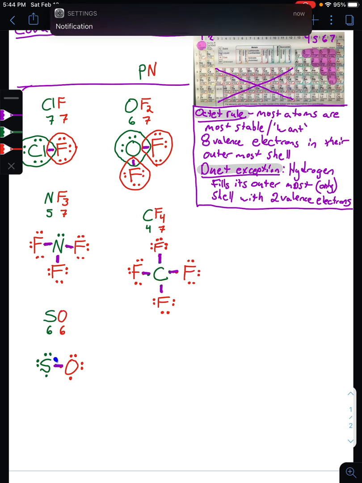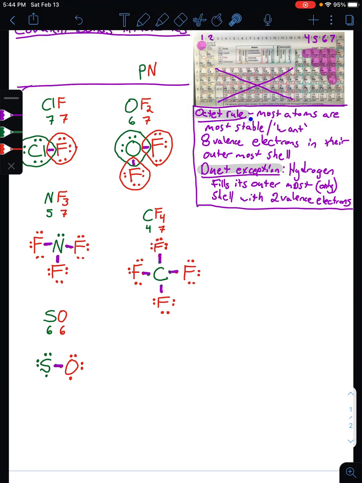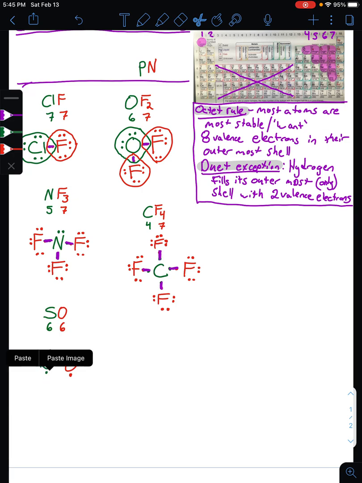Sulfur has 2, 4, 6, 7. So we went from 6 to 7, but to hit the octet rule, we need to go a little bit further. And thankfully, we can see that there are still some unpaired valence electrons. So what you'll do in your mind, and then just represent with a line on the drawing, can move that over there.